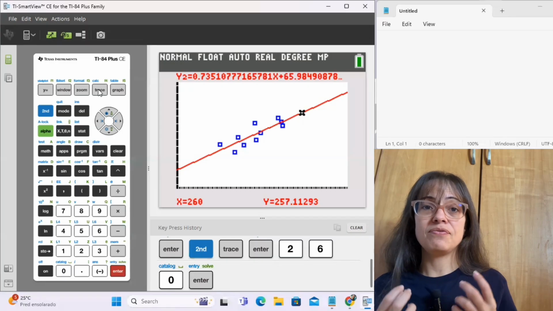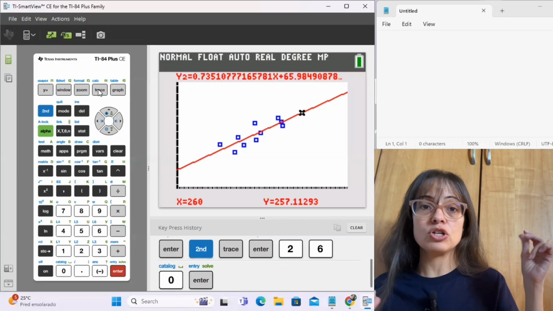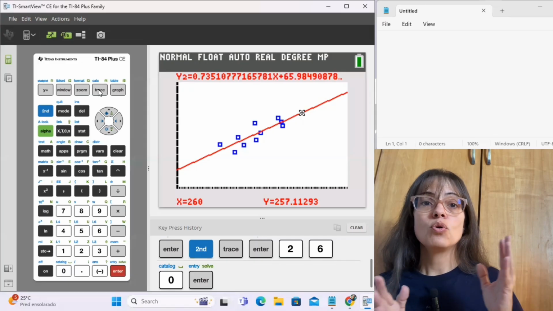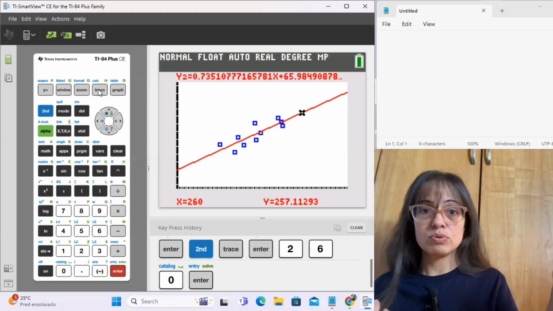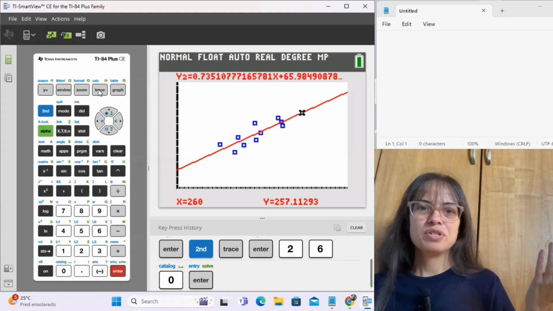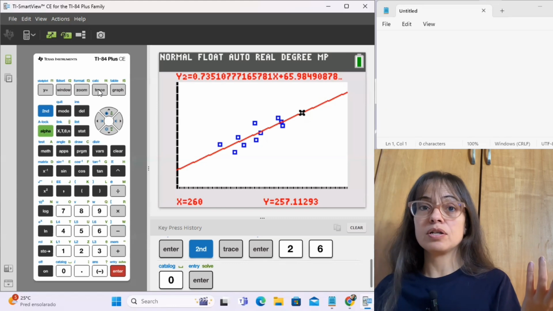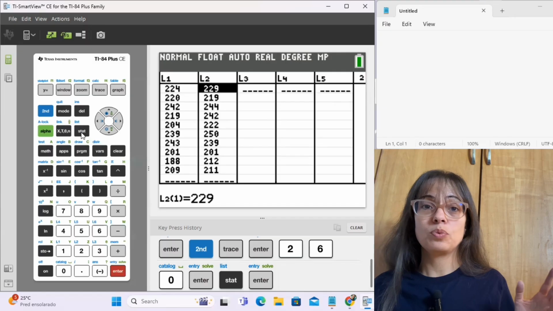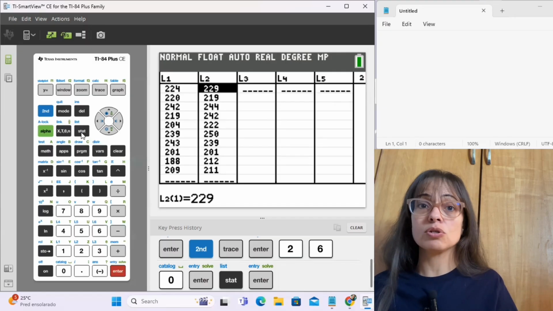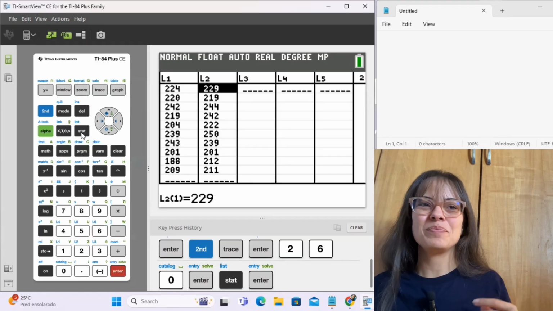That is a very important distinction that they want you to make when you're using the regression line to predict a value that is within the range of the data points versus a value that is outside the range of the data points. Of course, here I can see it very clearly because I went to the trouble of plotting the scatter plot, but you don't have to do that. It's completely possible to figure out whether a point is inside or outside by just looking at the numbers that the question gave you. Make sure you're looking at the correct list, because both of them are not going to have the same numbers.